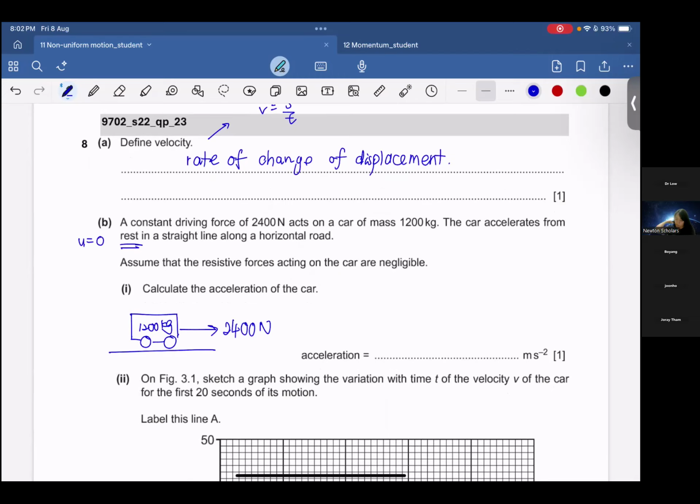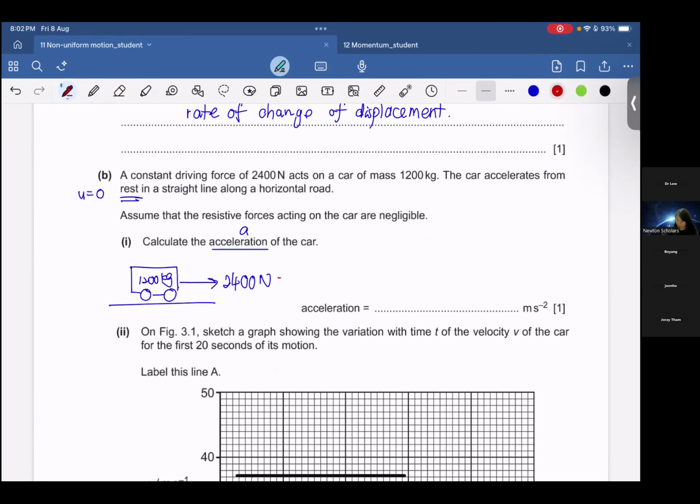Calculate the acceleration. So what is a? Easy. We already have the resultant force, then we have the mass, and we want to calculate acceleration. This question is too easy. 2,400 Newton equals 1,200, the mass, times a. So your a should be 2.0 meters per second squared.